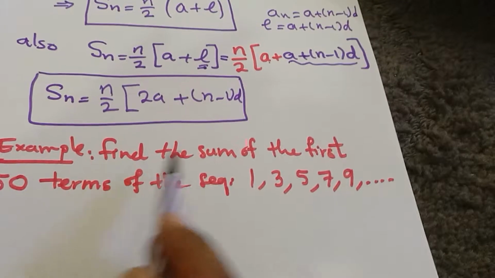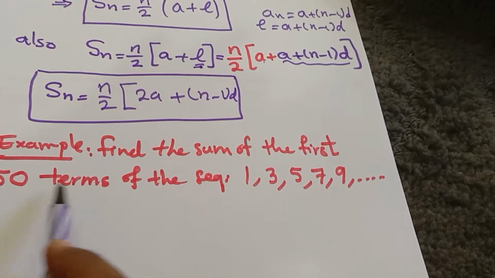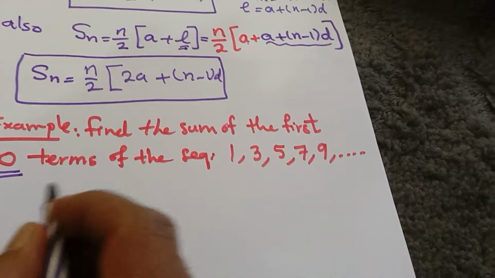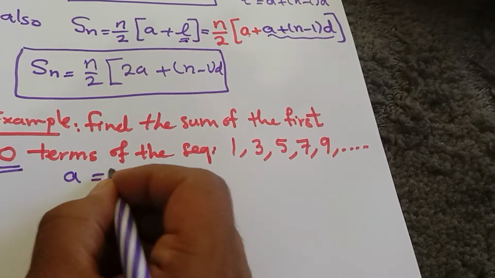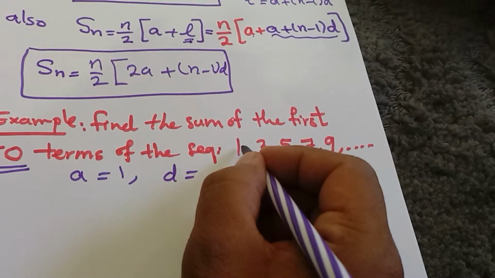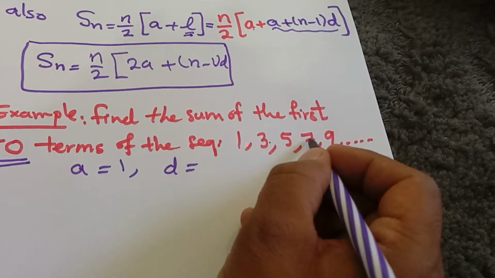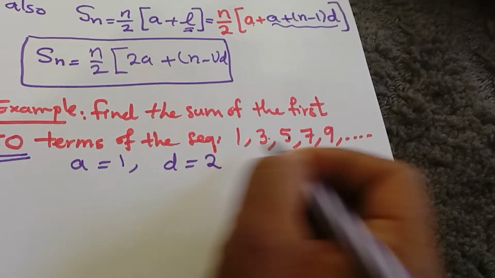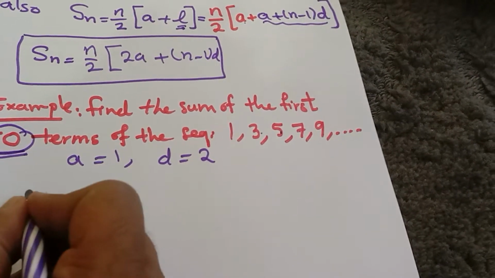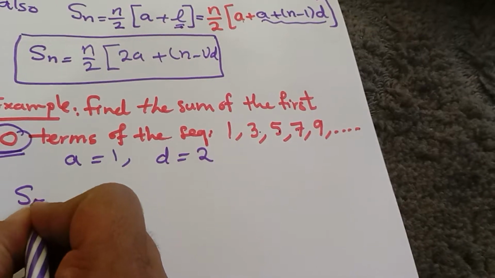Find the sum of the first 50 terms. So we need to add 50 terms of this sequence. We know from here A equals 1, and the difference is 3 minus 1, which is 2, and here the difference is 2, so the difference is 2 and here is the same. We need to find the sum of 50, so I'm going to use S50.